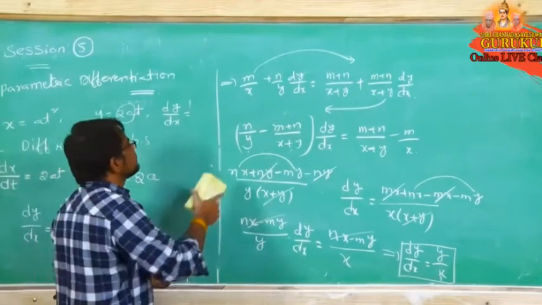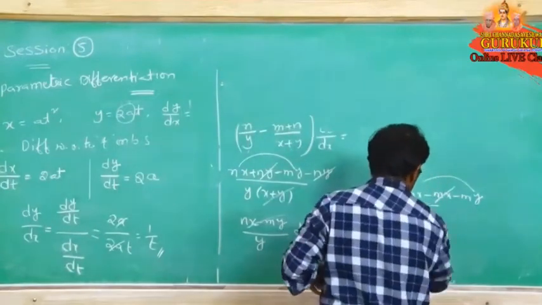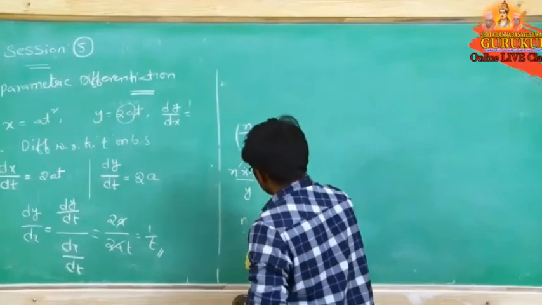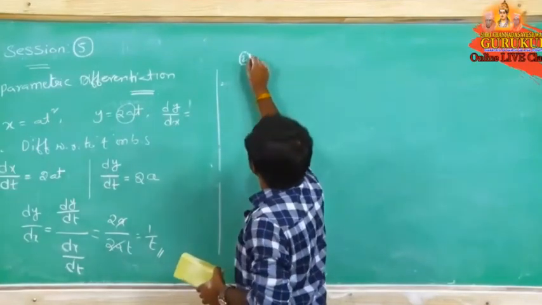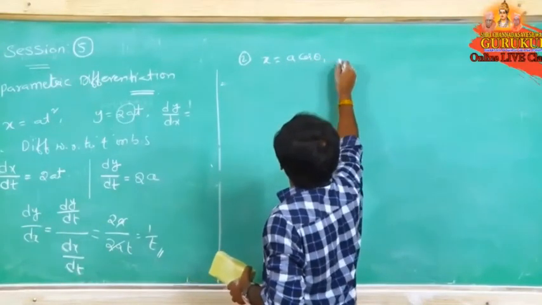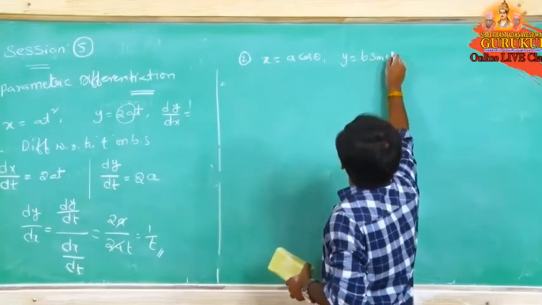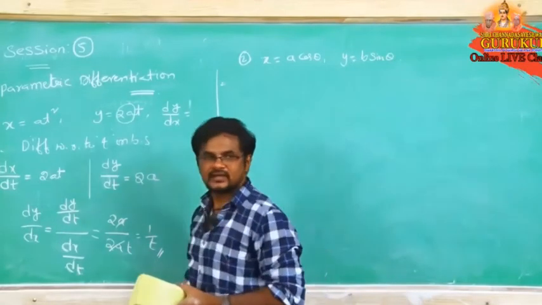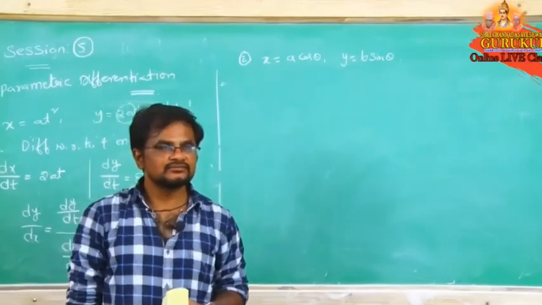For example, if you take this type, in terms of theta they give like this. Suppose they give x equal to a cos theta, y equal to b sin theta. So what do we have to do?